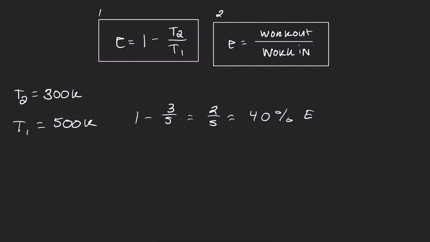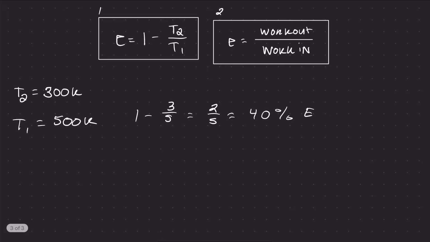Now, alternatively, we could see how efficient an experimental engine is. So let's say we just grabbed an actual engine. Before, we didn't have an actual engine. We just knew two data points, and that was the temperature.